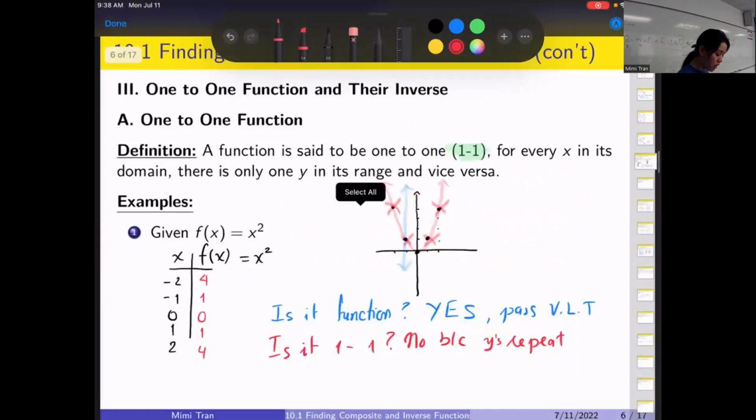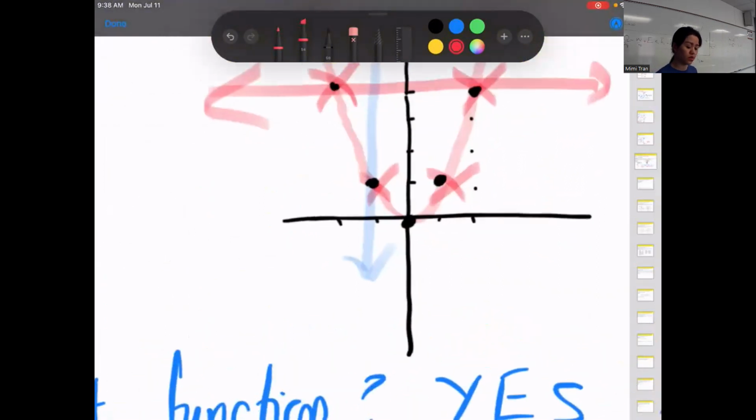Now, if I draw a line like that, how many times does it pass the graph? Any line, basically, and it doesn't have to be right there. You can draw right here. You can draw right here. Any line cuts it at two points. The only time it cuts once is at the origin.